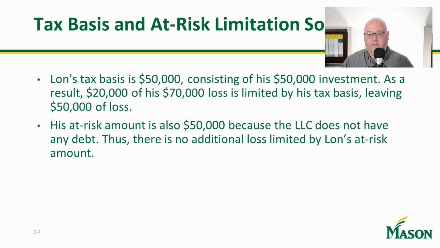He can take that $50,000 because the basis is going to allow him to do that. His at-risk amount is $50,000 because they have no debt. Now, if they have debt, they may allow for that to be taken because there's additional, but there's no additional loss limitation limited by Lon's at-risk amount.